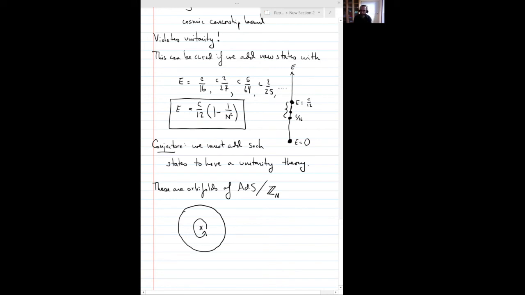When you do that, you get a conical defect at the origin with a conical defect angle of 2 pi over n. So we're quotienting by e to the 2 pi i, 1 over n times the rotation generator, d by d phi.